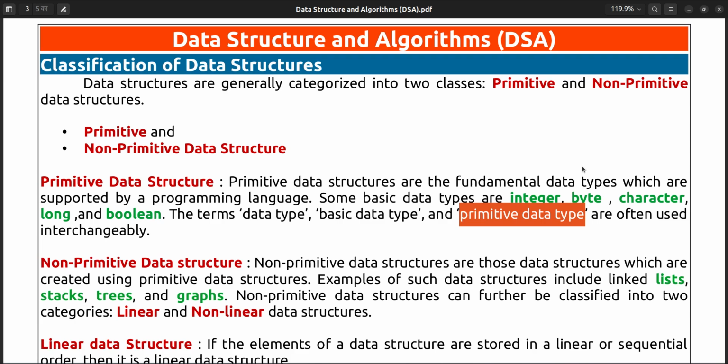So that is primitive data type. The data made by primitive data types is called primitive data structure. Very clear. Next one is non-primitive.